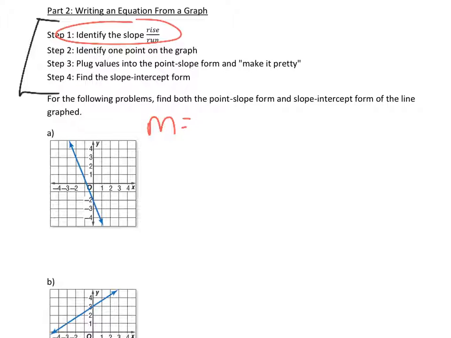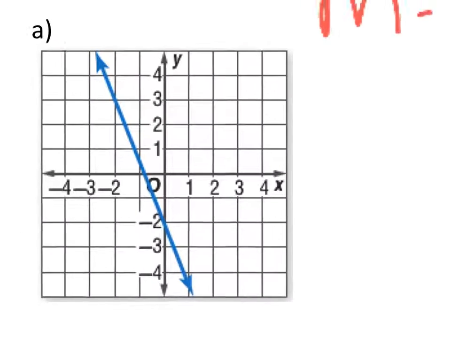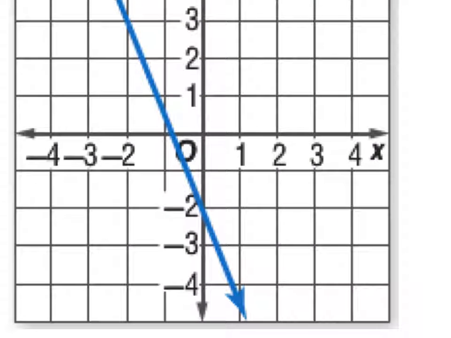So now I'm going to go to the graph, and I'm going to find 2 exact points where this blue line crosses, or in your case the gray line, passes through 2 exact points. So I see one right here. There's an exact point, and let's see, there's another one up here, and that's it. So I need to count the rise and the run, or the fall and the run.